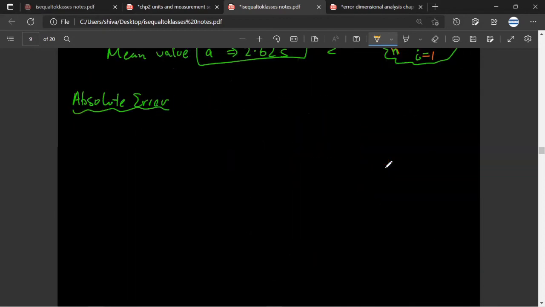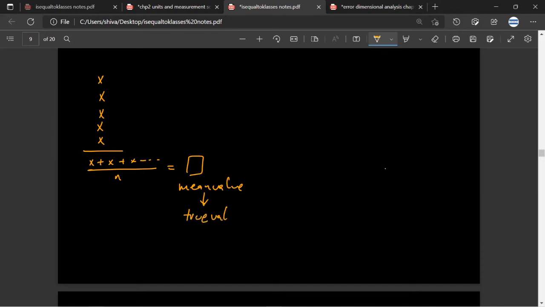So let us review the whole process again. Let us assume I have these 5 figures. The first thing I need to do is find the mean of these 5 figures. Whatever mean value I have got will be considered the true value. Are we clear? Yeah.